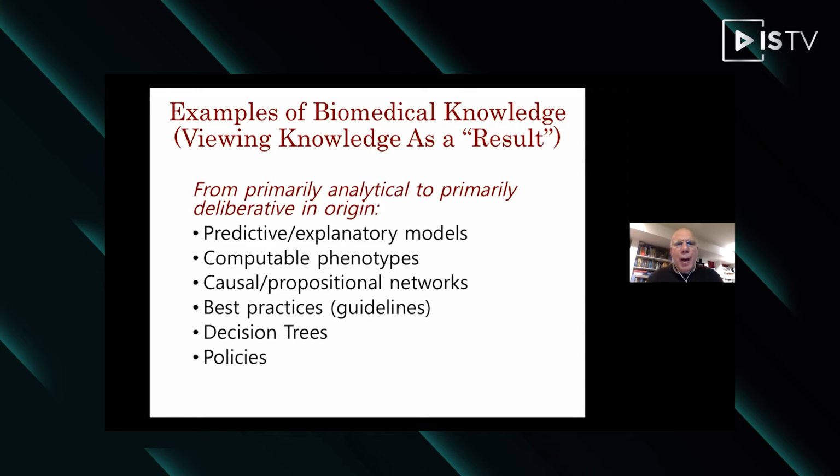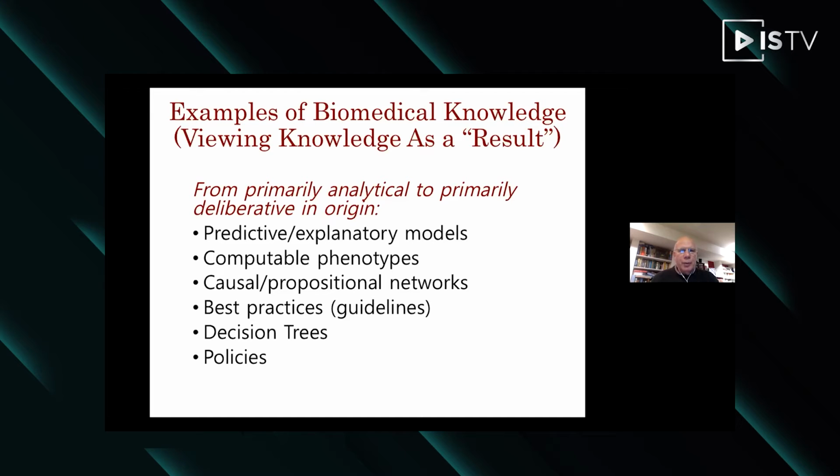So examples of biomedical knowledge, viewing knowledge in this sense as a result, could be seen on this slide. The examples on the top are primarily analytical in origin. They originate from analyses, and the ones toward the bottom are primarily deliberative in origin.